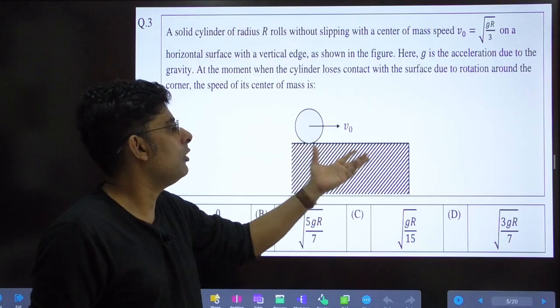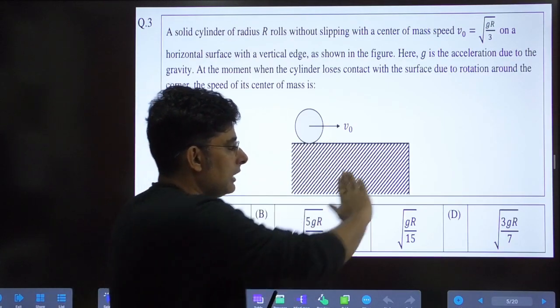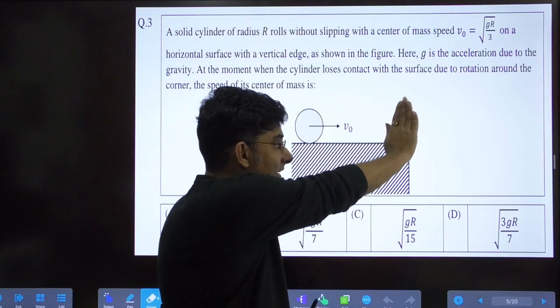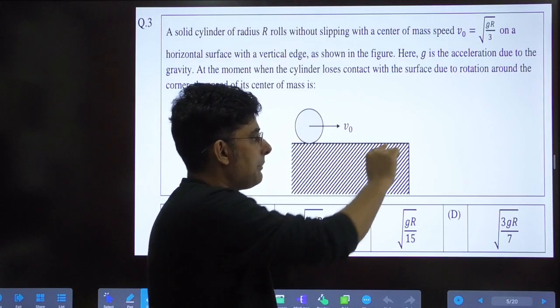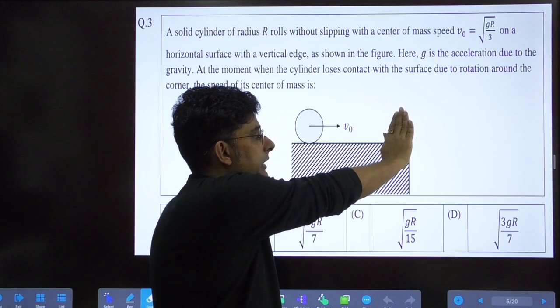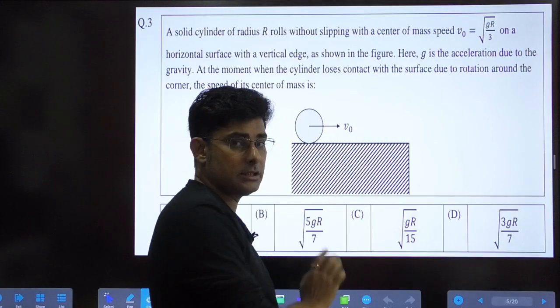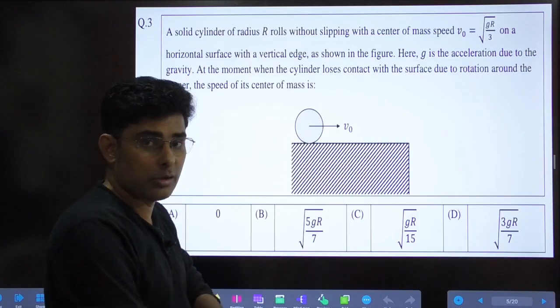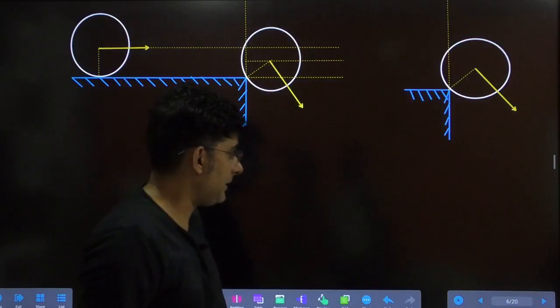So we can conserve the energy, and since the cylinder is turning at the edge, at that time the center of mass will be turning in a circular path about the edge. So let's see how to solve this particular question. I have already drawn a neat diagram for the same.